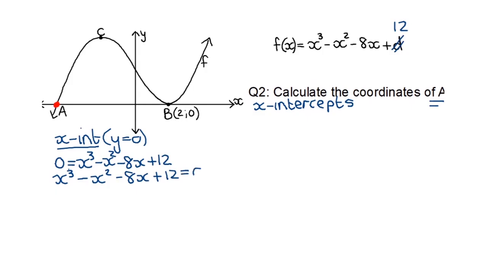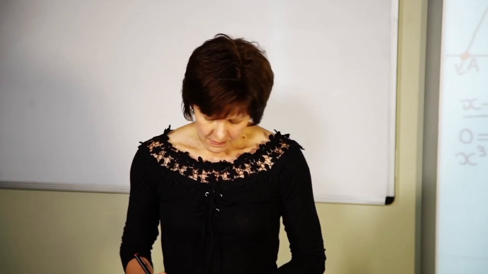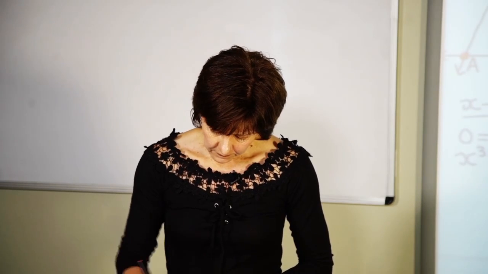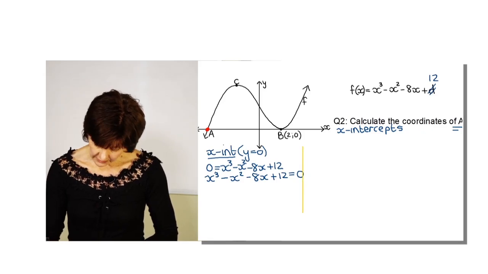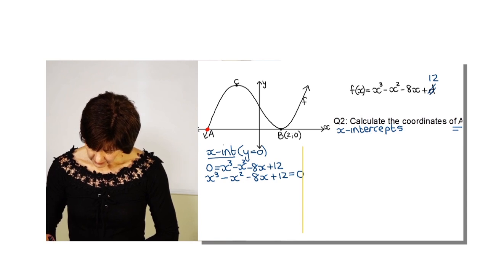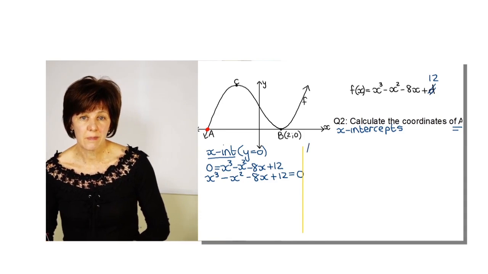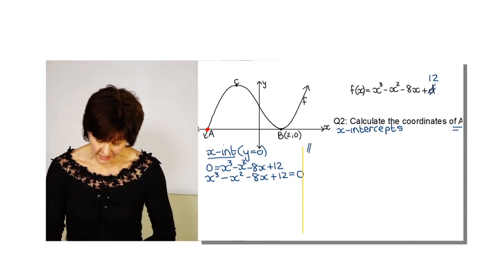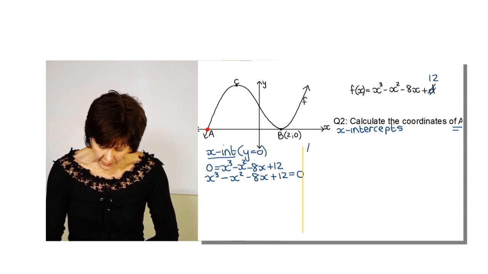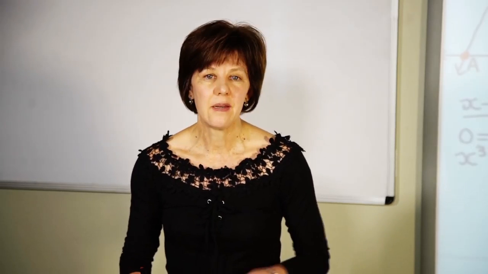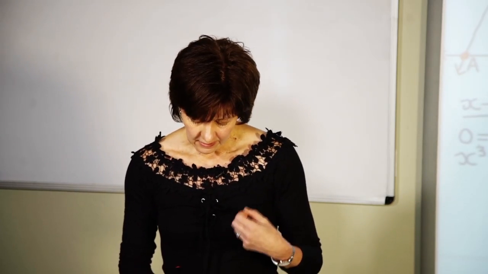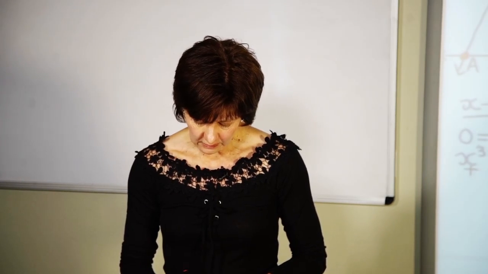But how am I going to factorize this? Maybe you will remember, you should have done previously, the remainder and factor theorem. The remainder and factor theorem is the thing that's going to help me now to find at least one factor, so that I have one factor that will go into this expression.